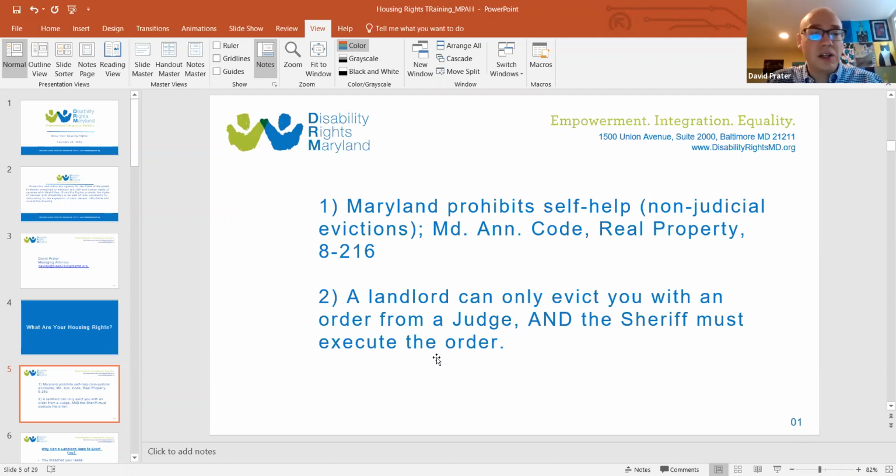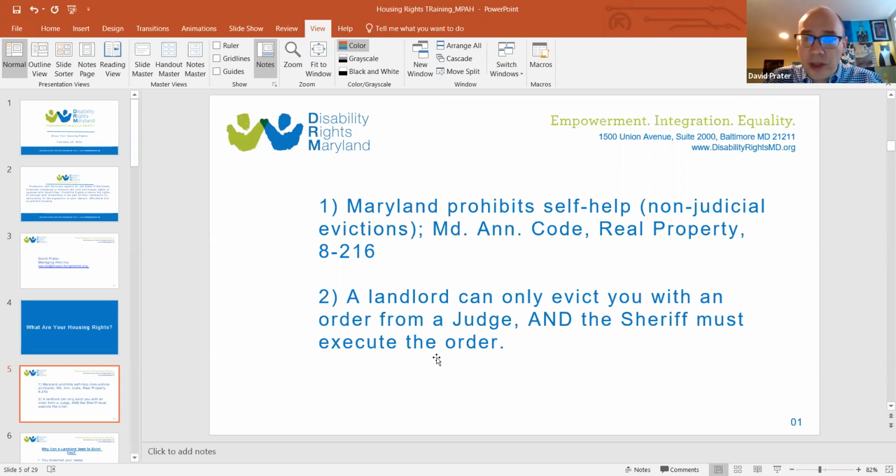He cannot call the sheriff. He cannot call the police. He cannot turn off utilities. He cannot turn off water. Pardon me for saying he, but these are not things that a landlord can do on his own. Landlords must go through Maryland courts in order to evict tenants from the property.